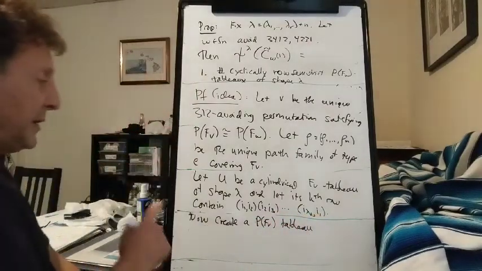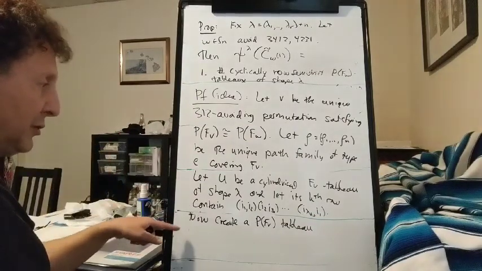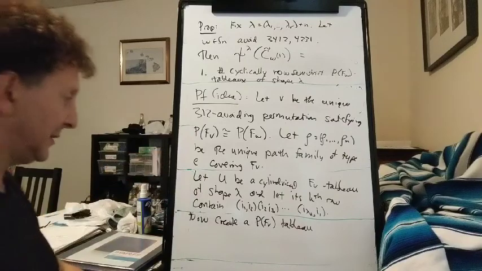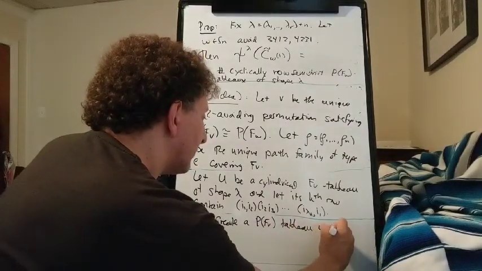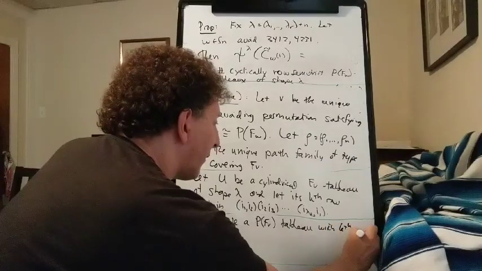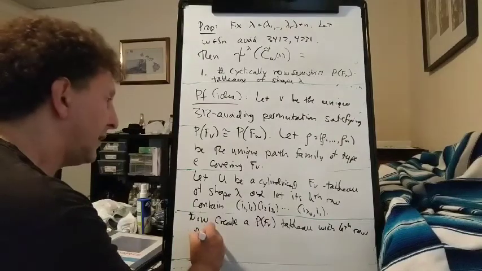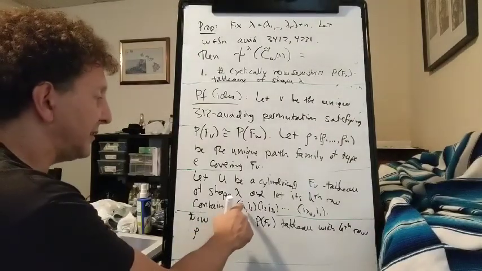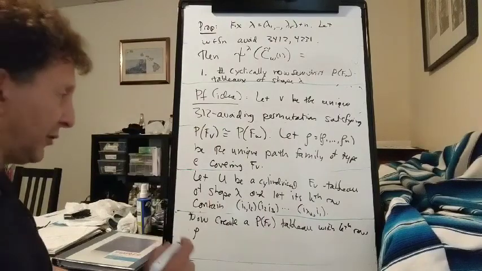So now let's create a PFV tableau. That is a tableau using the unique path family of type E. We'll do that by taking the kth row to be the first indices I1, I2 up to I lambda k in reverse order.